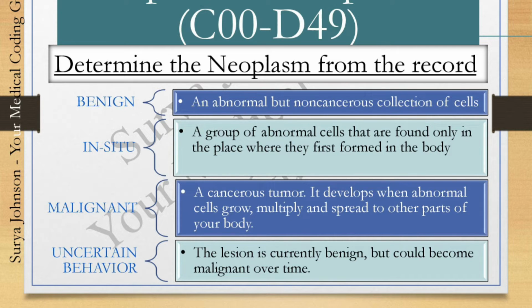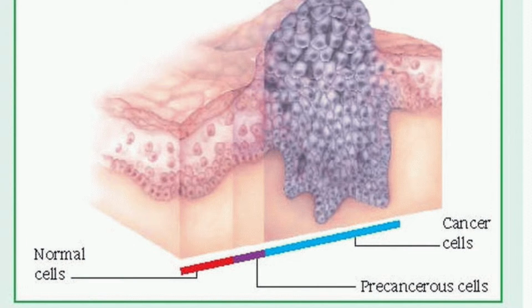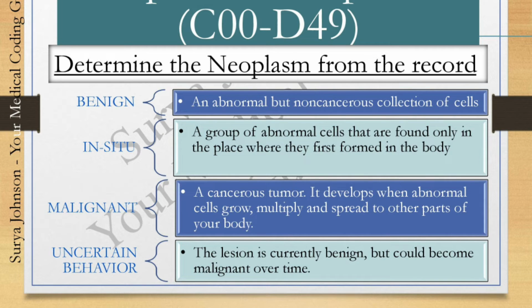The next one is malignant. Malignant means a cancerous tumor. It develops when abnormal cells grow, multiply and spread to other parts of your body. So malignant means it's like cancer. It develops and grows, and sometimes spreads to other parts of your body, and obviously that is cancer. When the doctor states the patient has a malignant neoplasm, it means the patient has cancer.